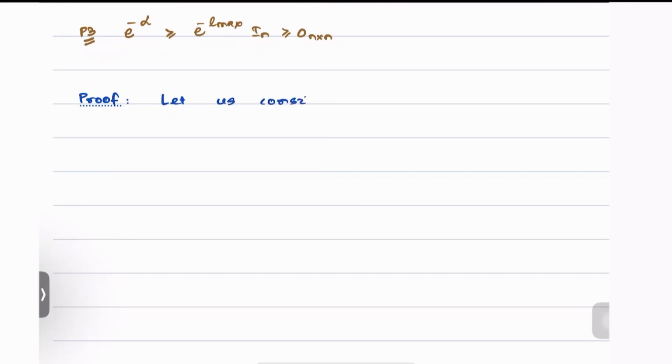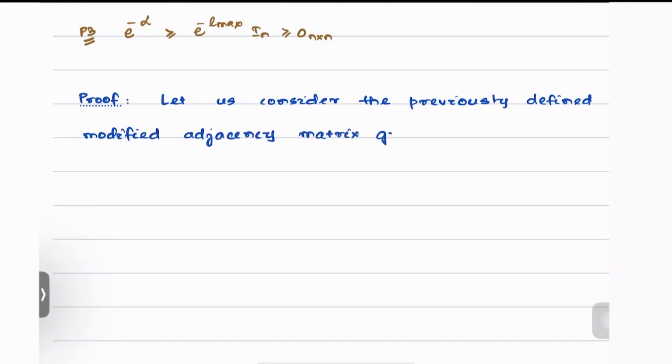Let us consider the previously defined modified adjacency matrix given by AL equals L max times In minus the Laplacian L. From this, it follows that minus L is equal to AL minus L max times In.